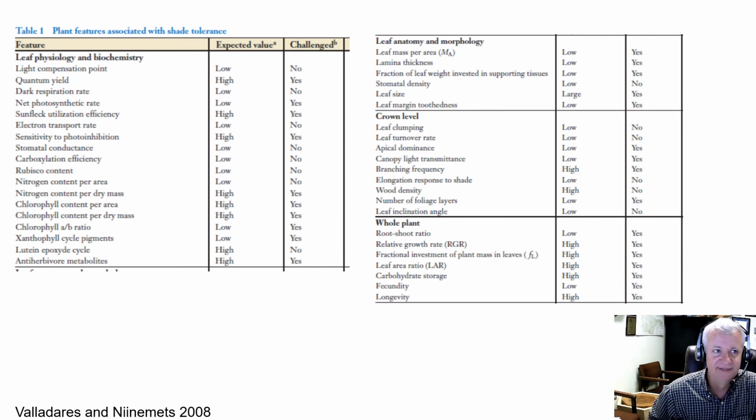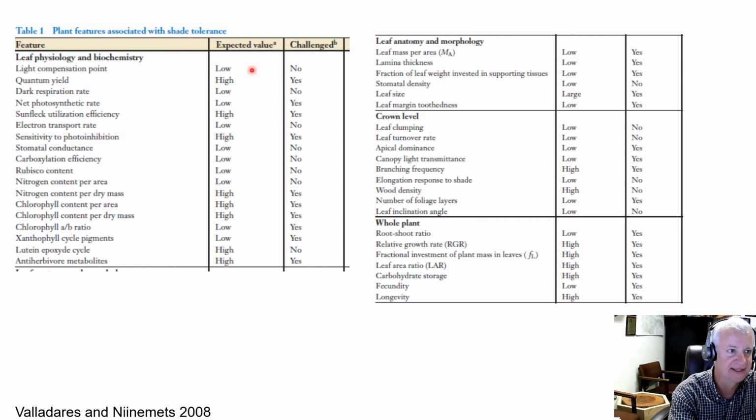These are some massive tables which show some of the kinds of traits that vary with shade tolerance. So these show what you would expect, for instance, in terms of photosynthetic light compensation point for a shade tolerant tree.